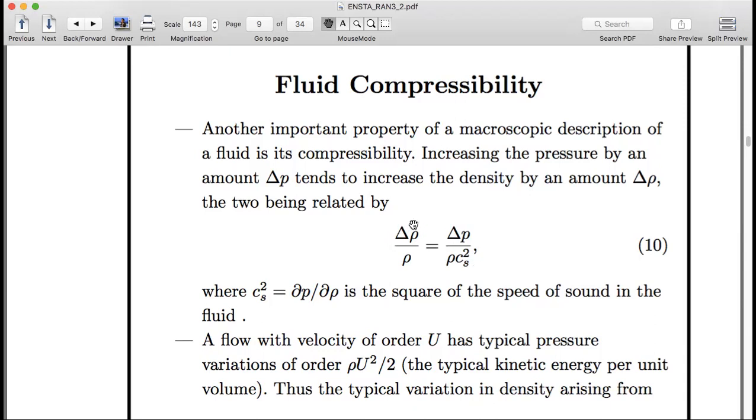So in fact, if I take the ratio of the increase in density, imagine I have the air in this room at 1 atmosphere pressure, and then we could somehow increase the pressure in this room by a little bit, delta P. Well, that would tend to increase the air density in this room. By the way, the air density is a little over 1 kilogram per meter cubed.